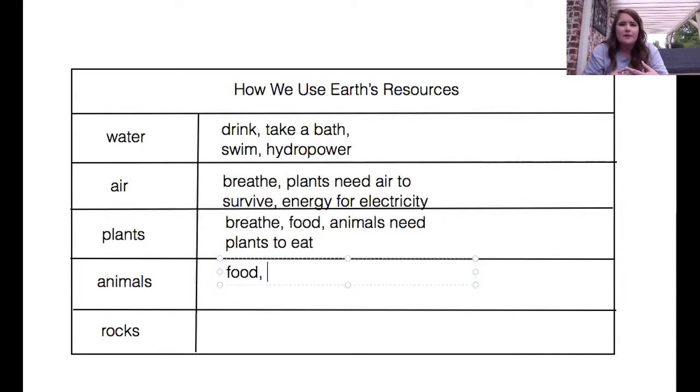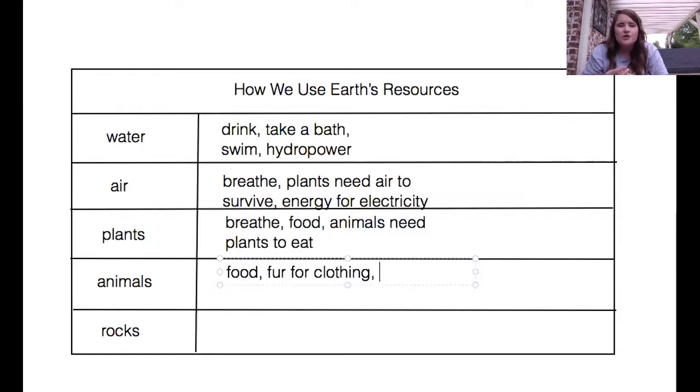What else? What about their fur? What could we use their fur for? Clothing. Okay, so you can use their skin and their fur for clothing. Those are all things that we need to stay alive. So we need animals. That's a resource for us because they're food for us to eat. We can use them for clothing. People use leather from animals to make shoes and purses and all that kind of stuff.